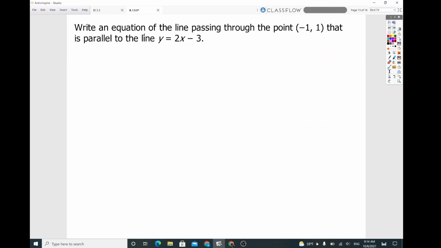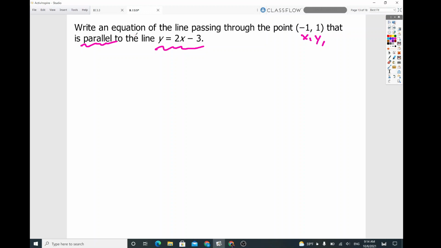Here's the next one. Write an equation of a line passing through the point negative 1, comma 1, and that is parallel to the given line, y equals 2x minus 3. Anytime you see a word problem like this, you always want to highlight the key numbers and key words. The numbers we have are the given point, x1, y1, and the equation. The key word is parallel.